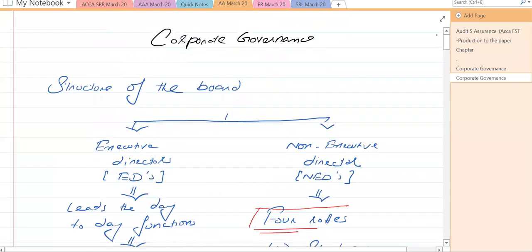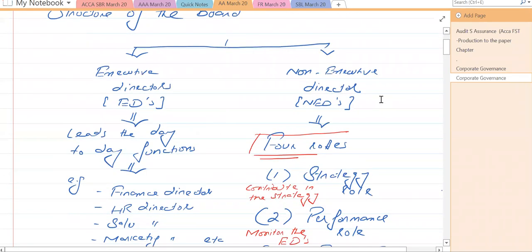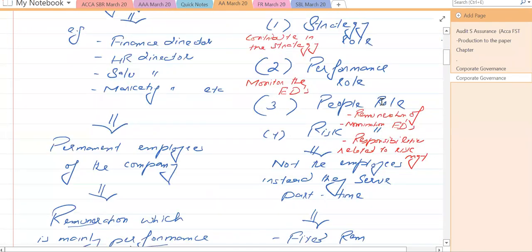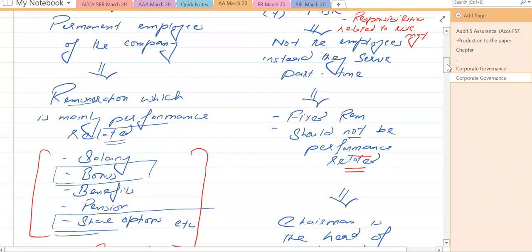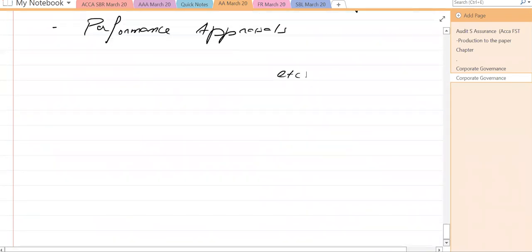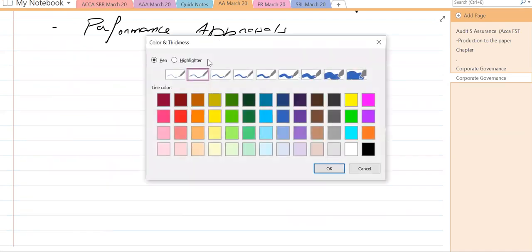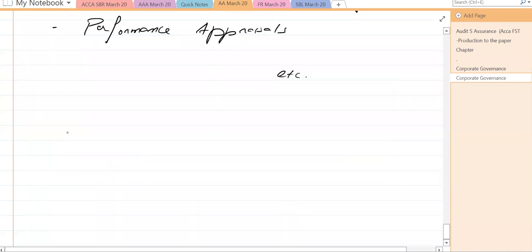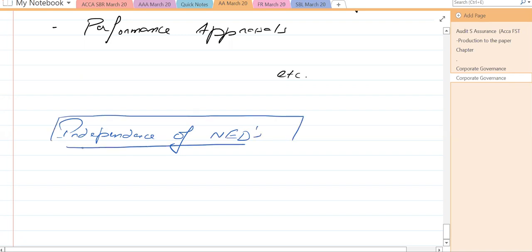So these are the things we have now discussed in detail. So structure of the board, and yeah, there's one more thing. Independence of NEDs. Okay, now independence of NEDs, there are a few points.